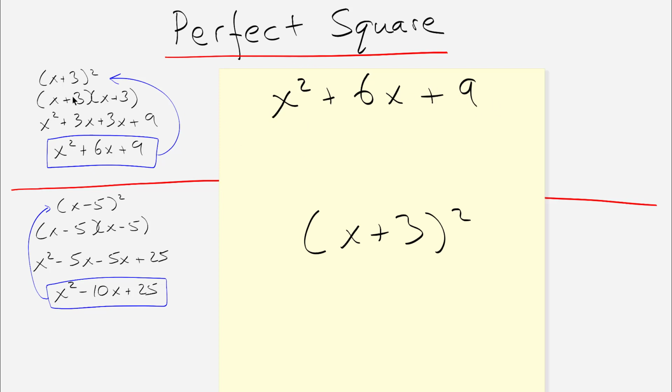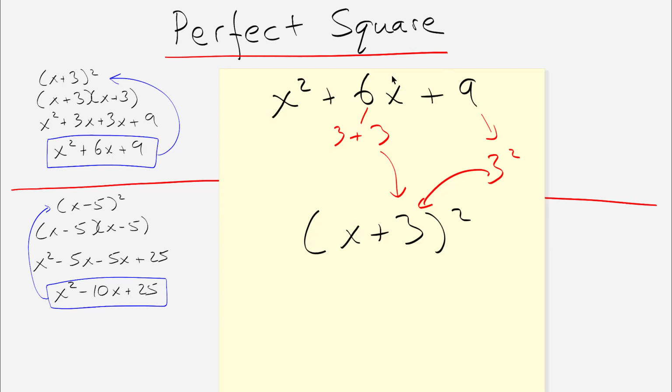You can say that we know that it was 3 times 3 that gave us the 9. So because 9 is 3 squared, that must be a 3. Another way people look at it is the 3x plus the 3x gave me 6x. So because 6 is 3 plus 3, well, that must be a 3. So you have two different ways of figuring out the perfect square.